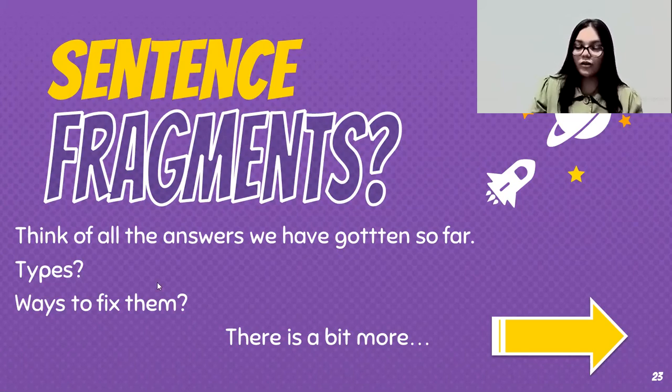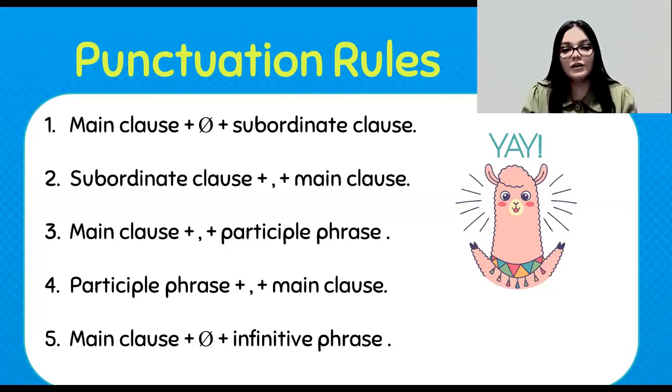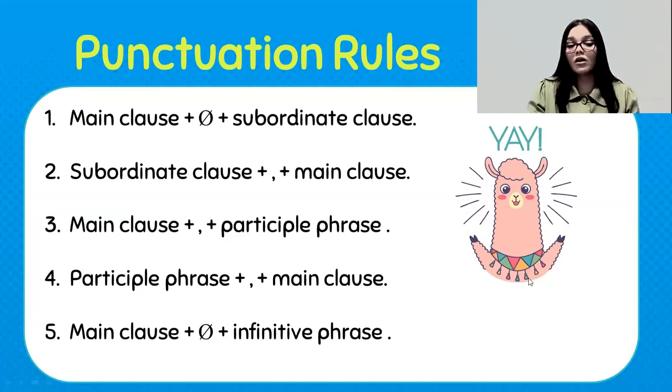There's a little bit more that we need to take into account, which is the punctuation rules. Which punctuation rules do we need to keep in mind? One, the main clause and the subordinate clause must be connected. When the main clause is at the beginning, there's no comma in the middle, no punctuation.